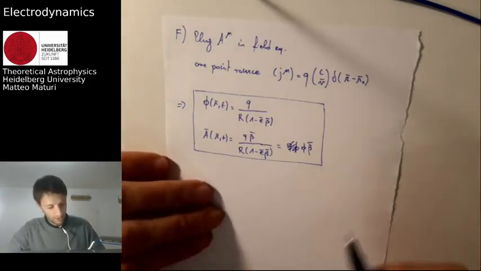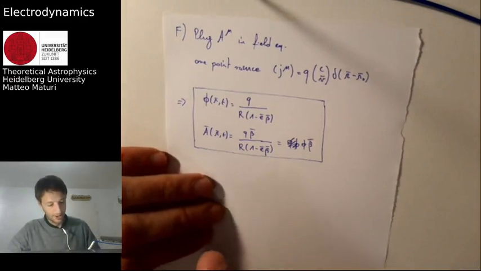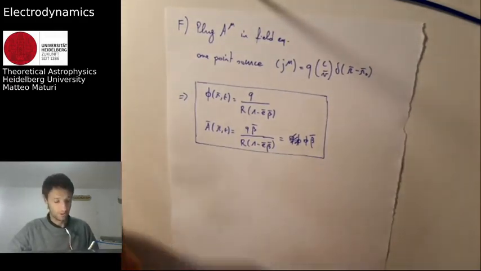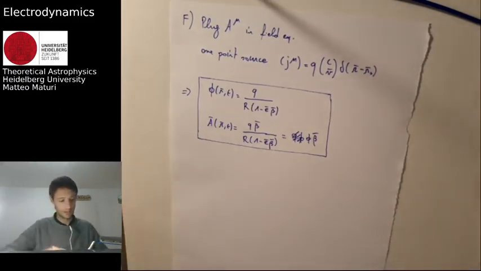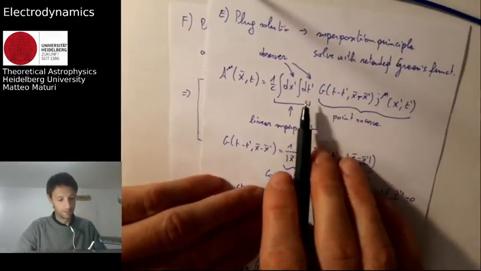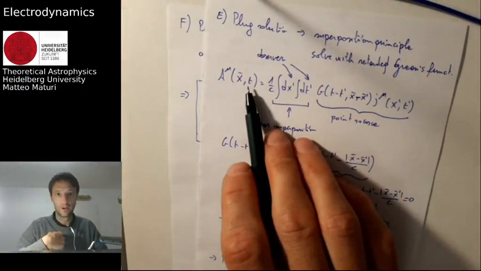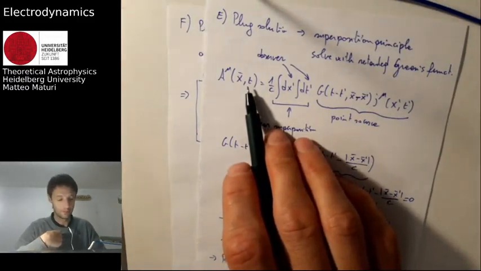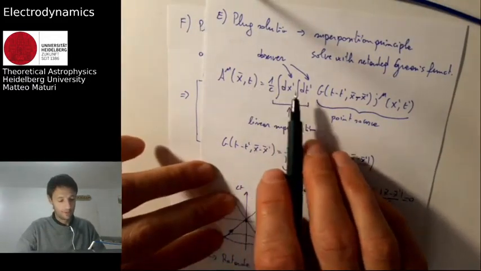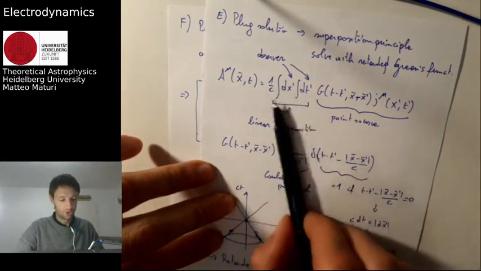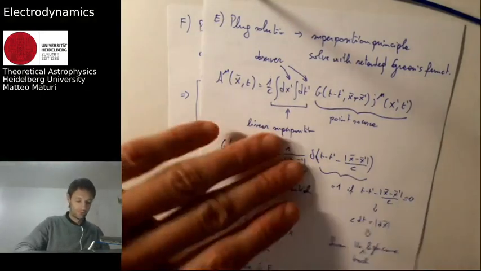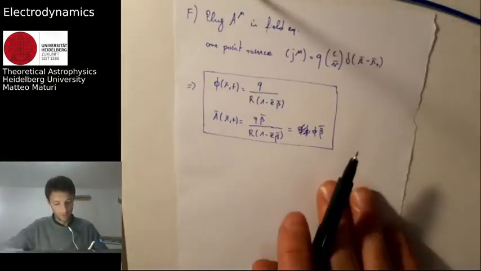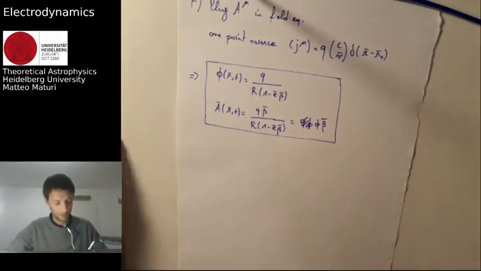Perfect. Okay, so these are our retarded potentials, and now I just make a drawing, because the geometry might be confusing. You see here in the integral we are mixing the position where I am perceiving the field, the position of the observer, and the position of the charge. Let's make some graphic so that you have a better understanding of what's going on.